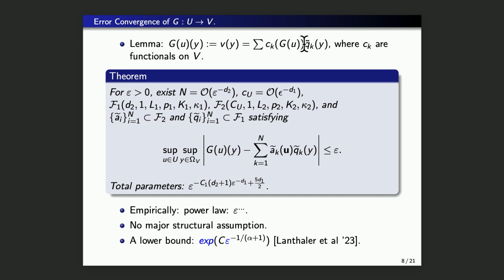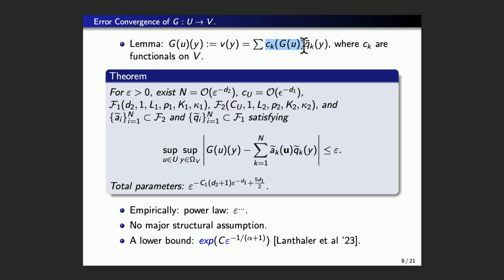So it turns out we have an approximation to the operator G over here. Specifically, we summarize the result over here, and we can see that this QK neural network structure approximates this guy, and this AK on U is the approximation to the linear functional shown over here.